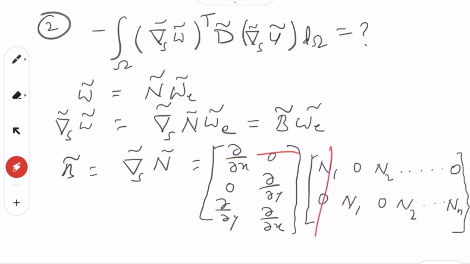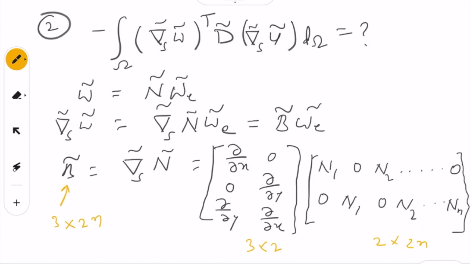This is 3 by 2, this is 2 by 2n. Hence the B matrix will be 3 times 2n.